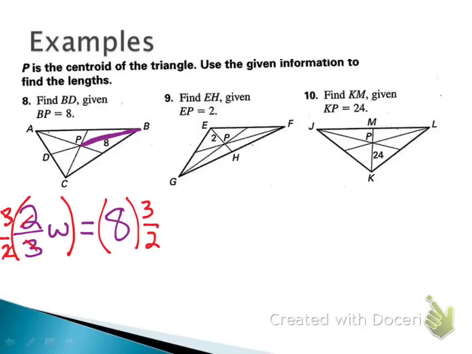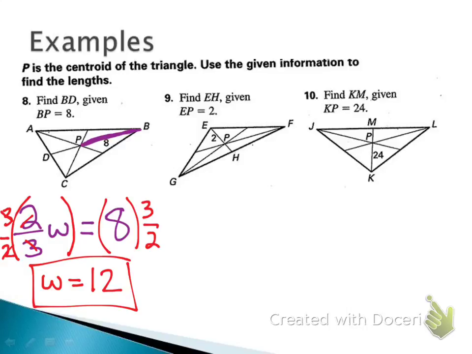So on the left side you just have W. On the right side you need to do 8 times 3/2. Can anyone do that and tell me what they get? 12. So that is the algebraic way to find the entire length of the median when you're given the longer segment.